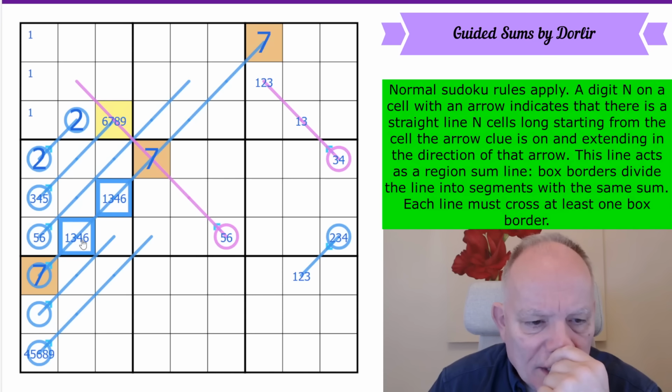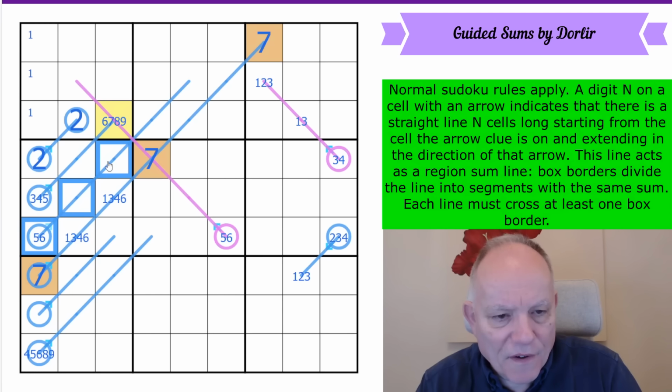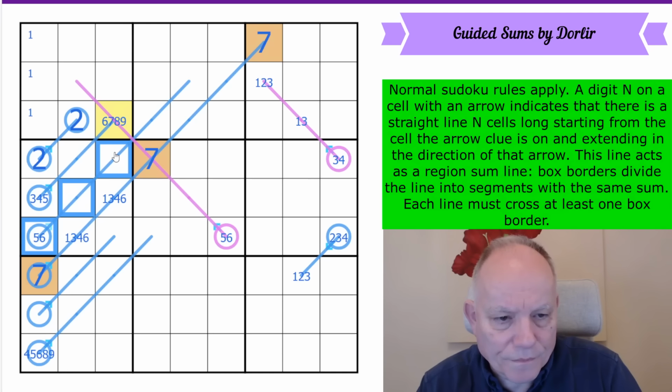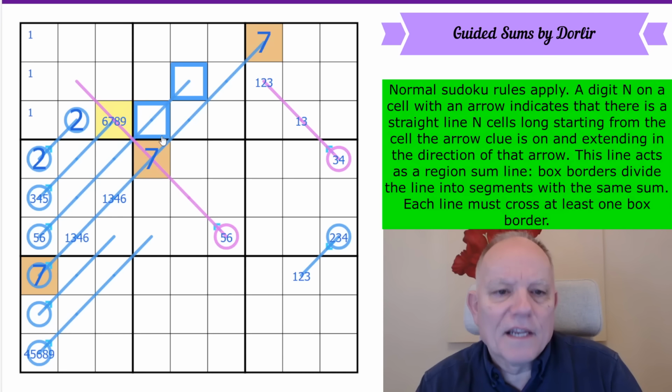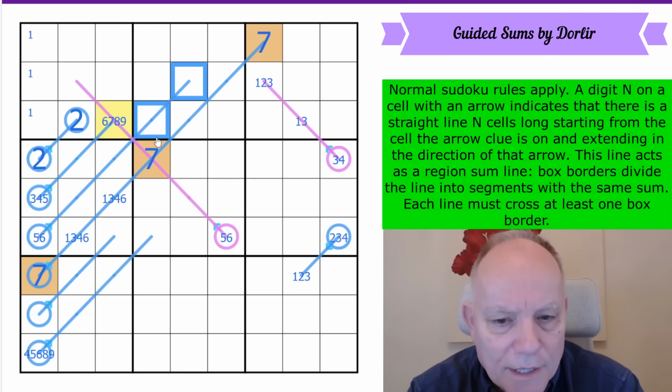Two, 1, 6, 5, and either 3 or 4 having been used here. The minimum for this line would be 5, 7, 3, which is 15 in those two cells. You know what I'm going to say? That's annoyingly possible.